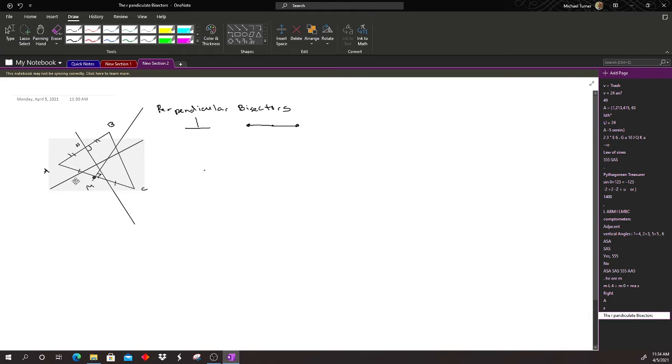Again, bear with me because I'm doing this all on the computer. In this case, we'll call this P. BP and CP would be equidistant as well.